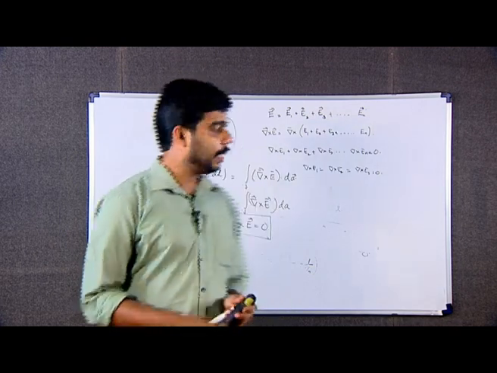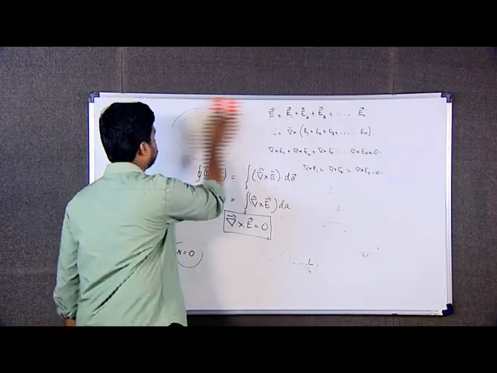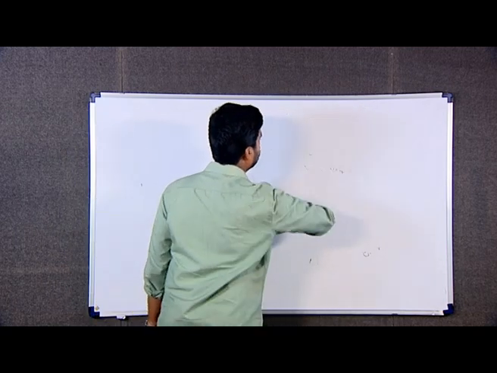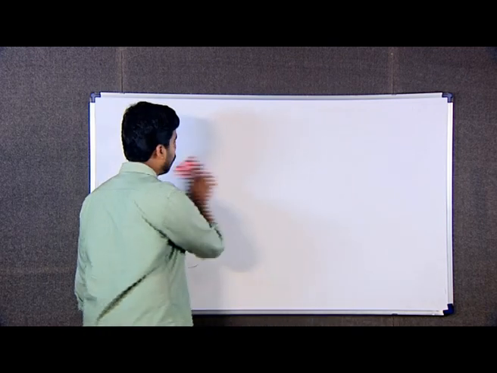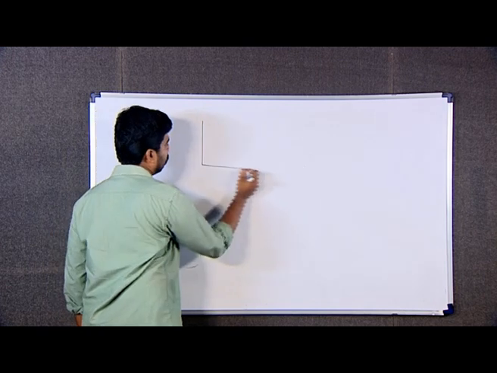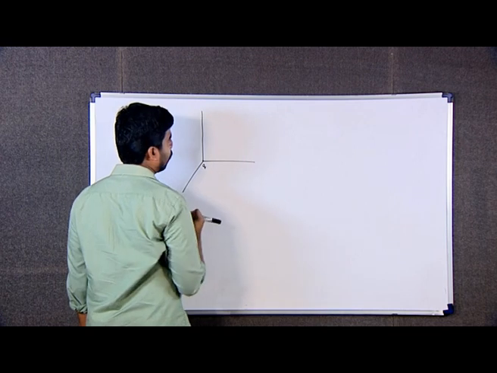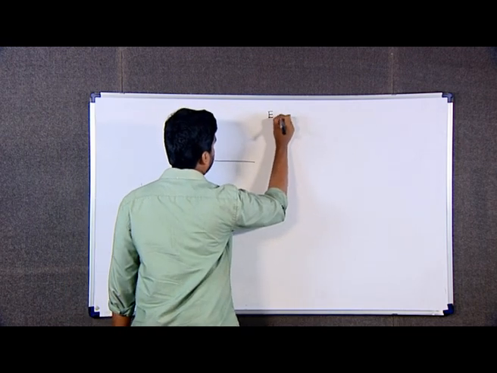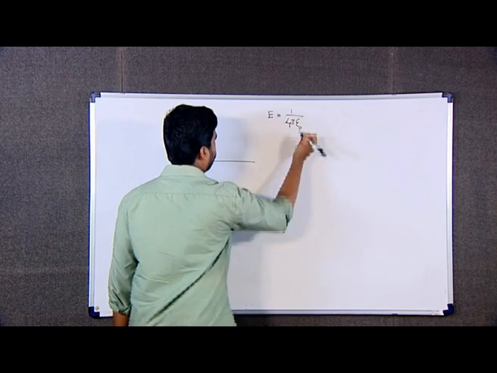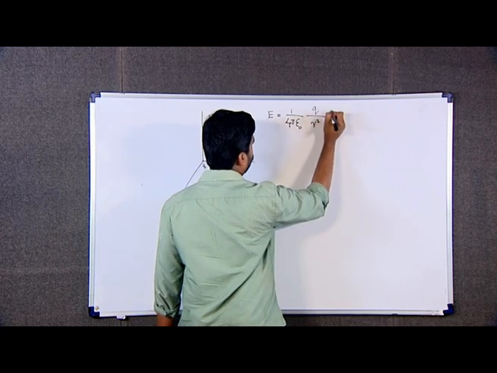Just like what we have proved in the case of a conservative force field, we are considering a test charge moving in a field produced by this charge q. So, this q is at the origin and the field produced by the charge q at any distance r is equal to 1 by 4 pi epsilon 0 q by r square into r cap.